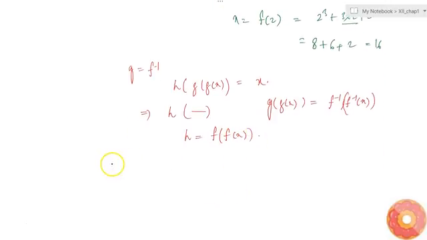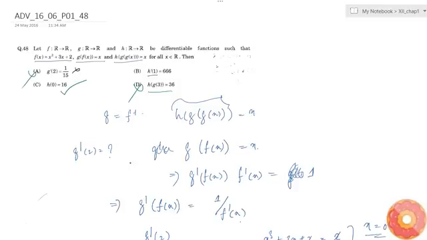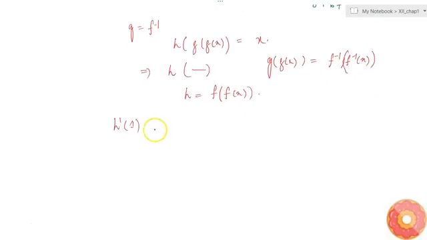We are asked to find h dash of 1. Before finding that, let's find h dash of x.